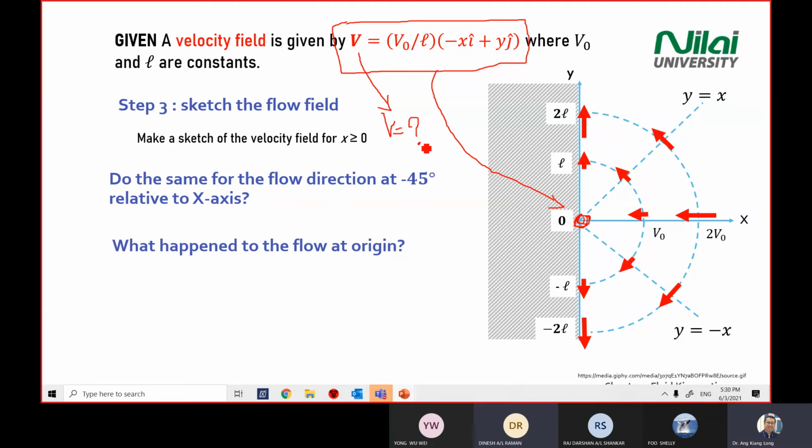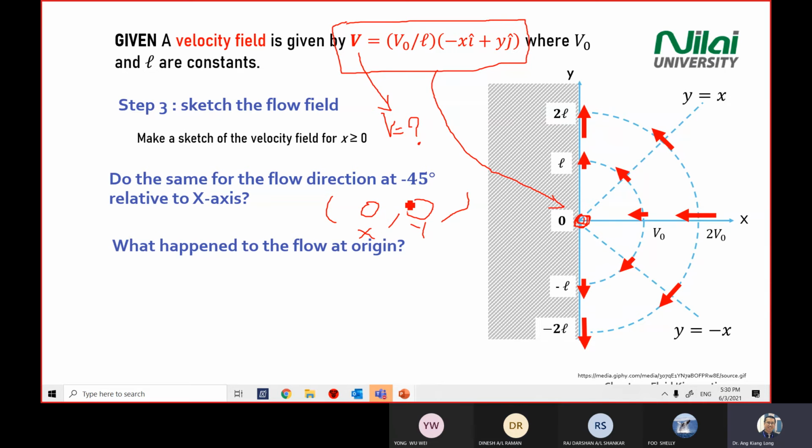Yes. So what is the coordinate of origin? Zero, right? Coordinate. I'm asking for coordinate. 0 is only one number. 0, 0. So your x equals 0, y equals 0, correct?